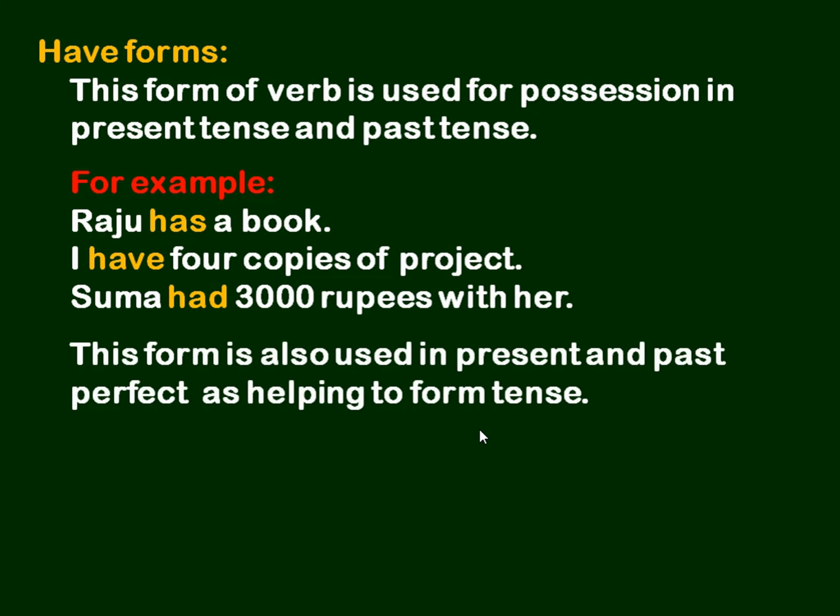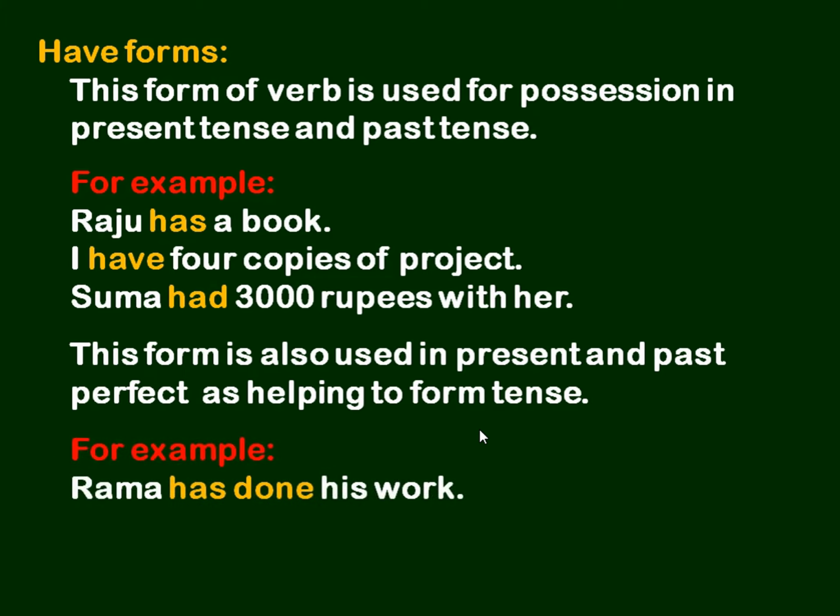And this form is also used in present and past perfect as helping verb to form tense. Let us understand. Rama has done his works. Here has plus past participle, do, past participle done. Here we used this has as helping verb to form present perfect tense. Then Sudha had worked there. Again worked is a past participle.